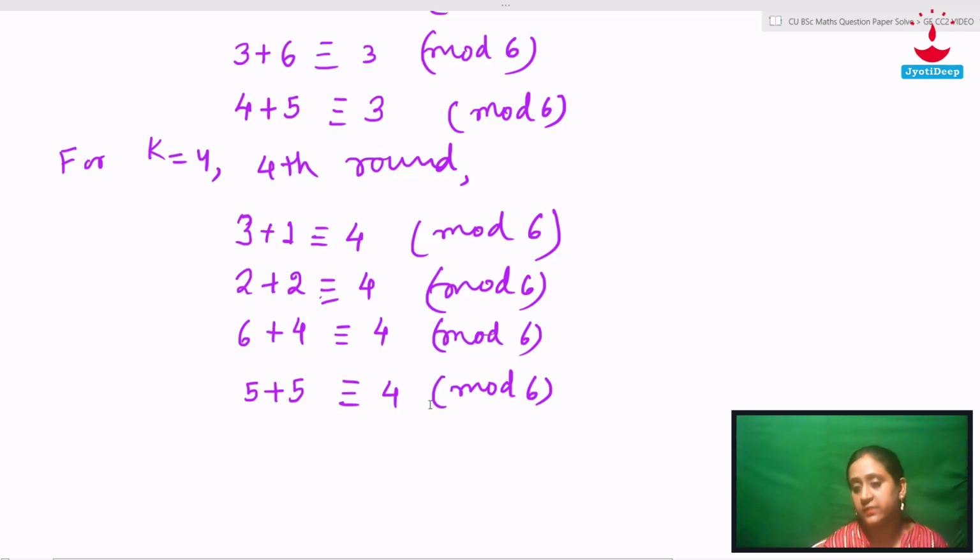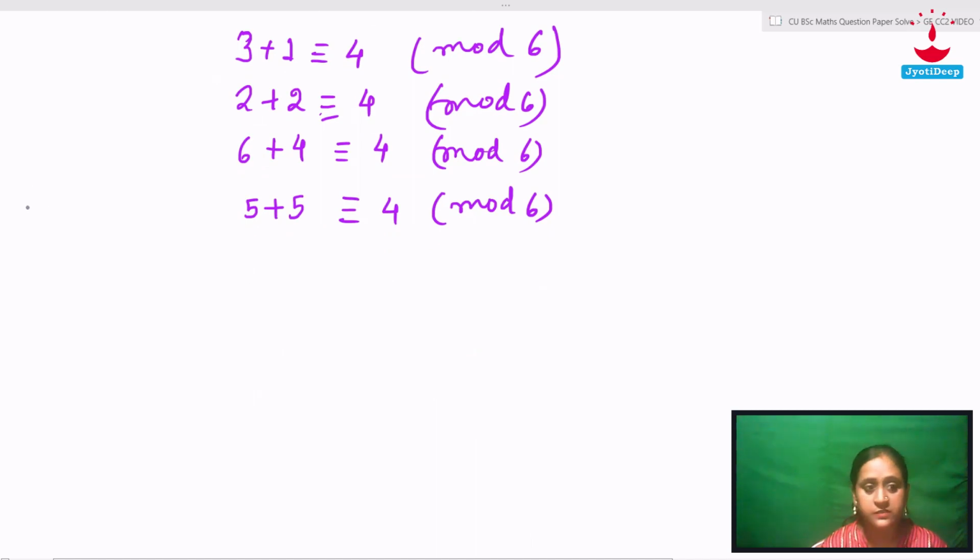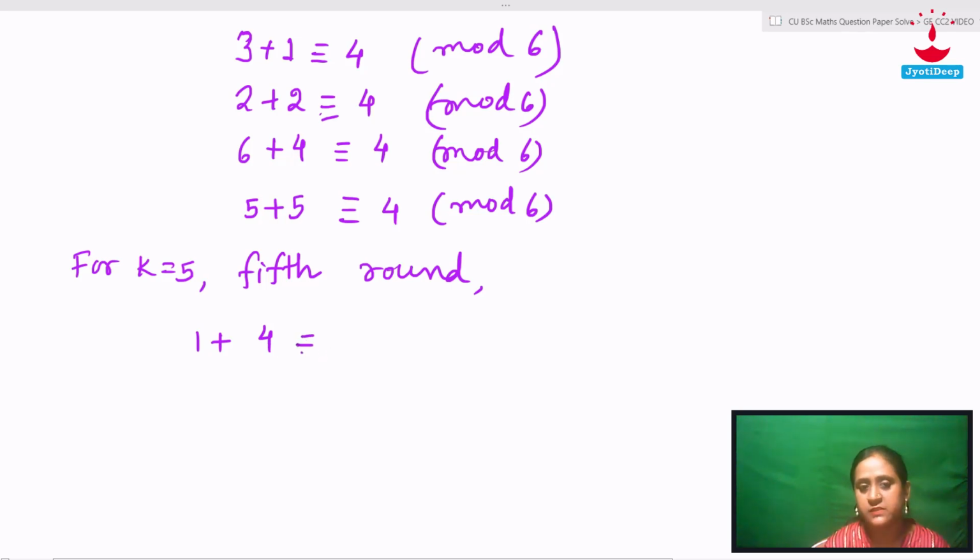So now we are going to make it for k is equal to 5, meaning the fifth round. For the fifth round, we can take 1 plus 4 congruent to 5 under mod 6.